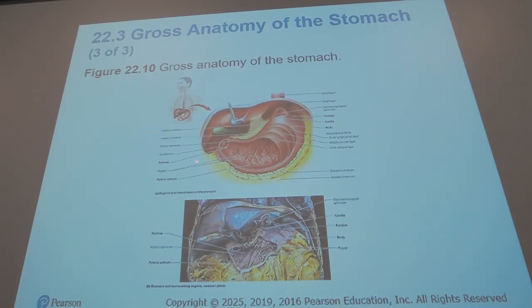And now, in this region, which is the pylorus, you have a canal, the pyloric canal, that leads into the second sphincter of the stomach, which is the pyloric sphincter. That controls the passage of the chyme into the first part of the small intestine, which is the duodenum.